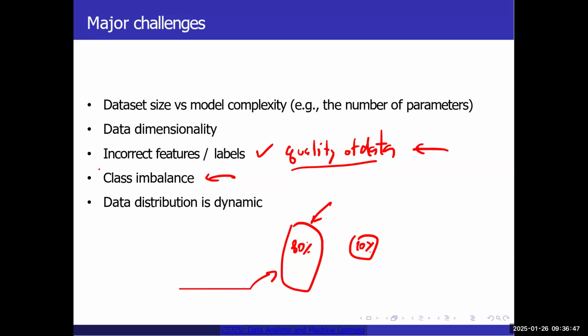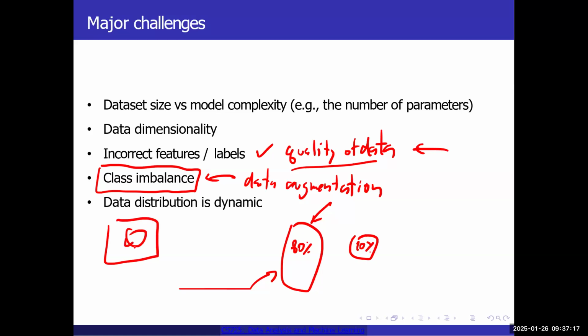And to fix the class imbalance, there is something called data augmentation. In data augmentation, basically you try to transform the data a little bit, but you keep the same label. For example, in images, let's say you have an image of a bird, and then you flip it, right?